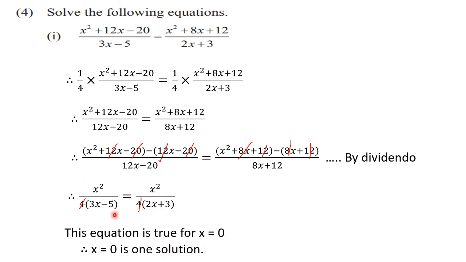Now let's think, what if x is not 0? If x is not equal to 0, then the square we can cancel from both the sides. First we thought of x is equal to 0 and we found that it is one solution because left hand side is equal to right hand side.